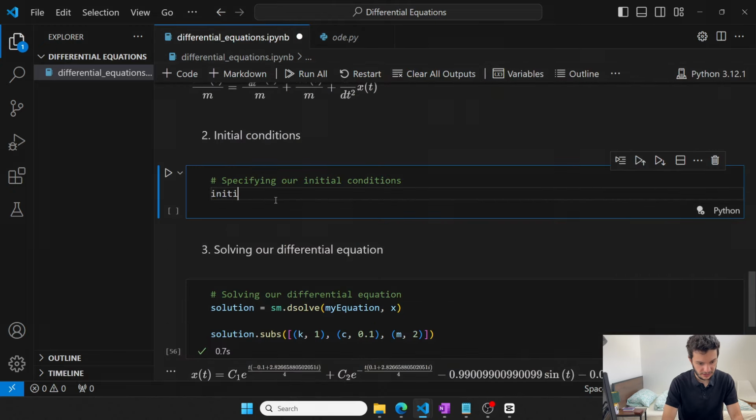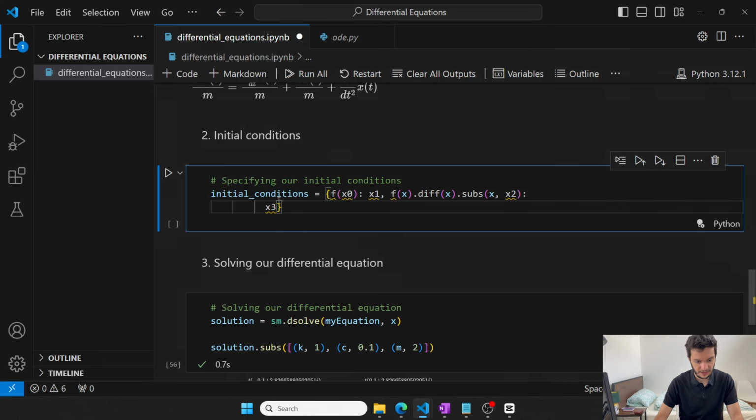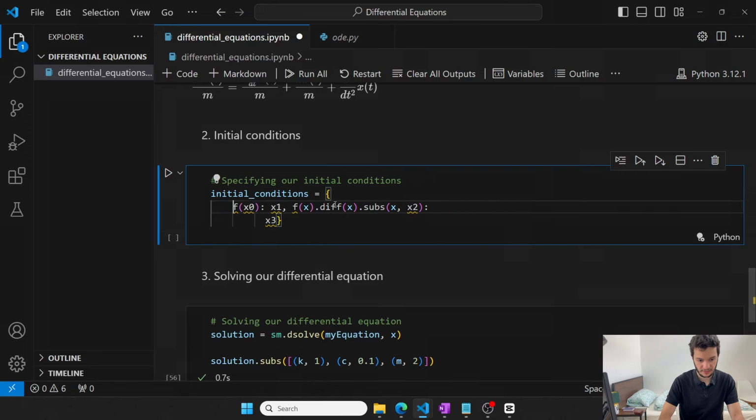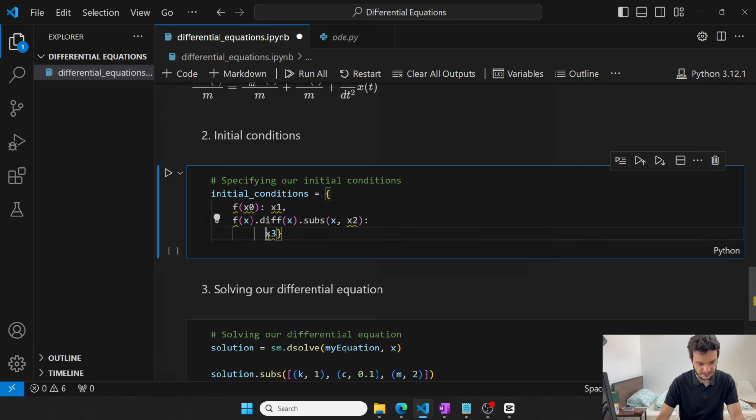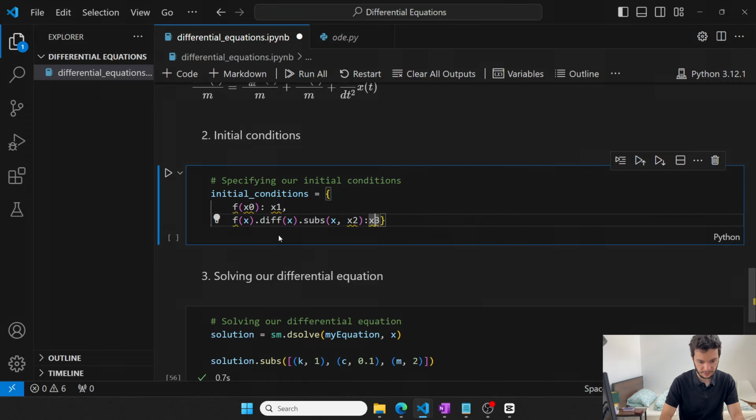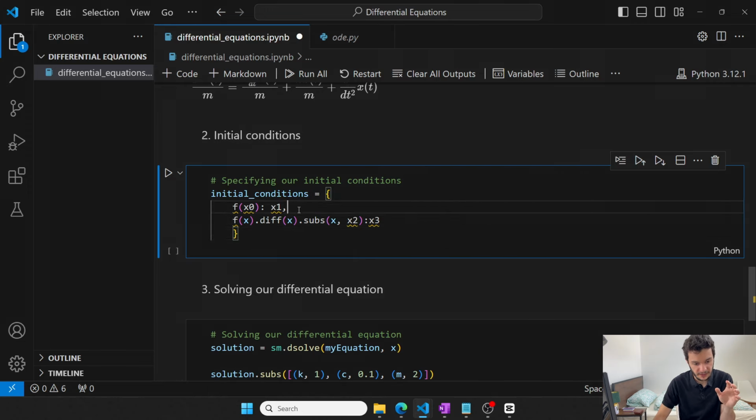We know that initial conditions should be something like this. It should be a dictionary. Let me write it down a bit more clearly. This is the first element, this is the second element. So this is a dictionary. This is our first initial condition, and this is the second initial condition.